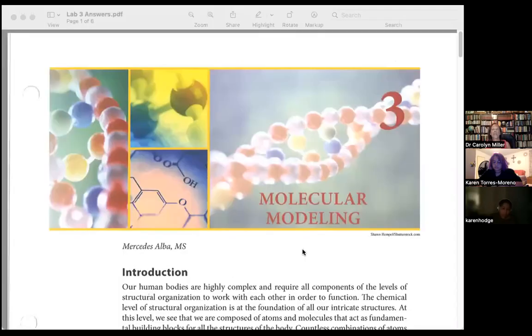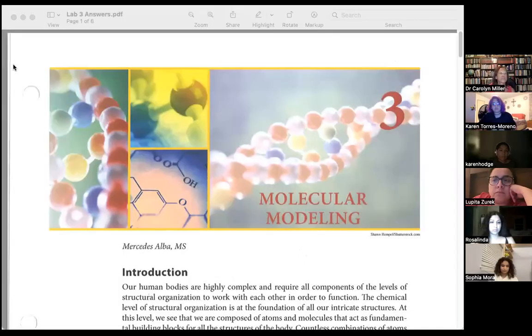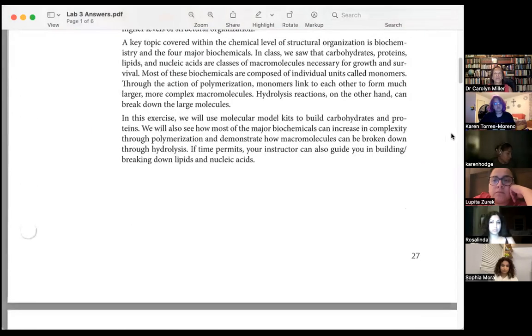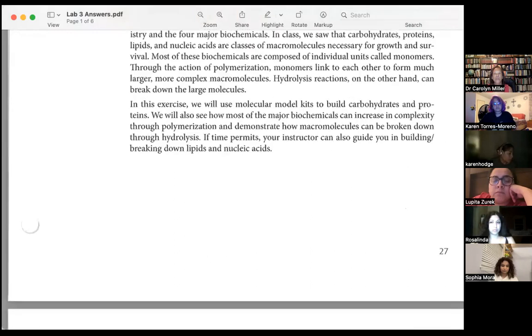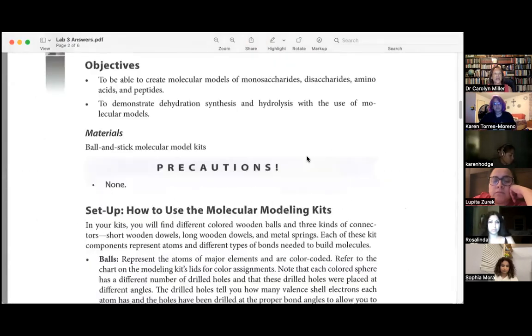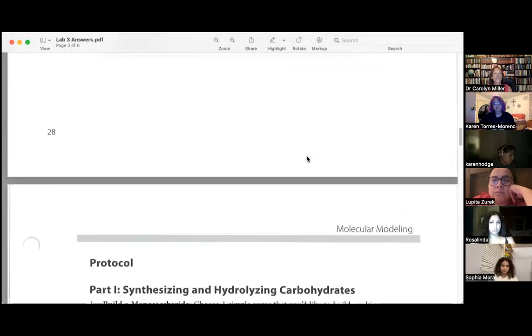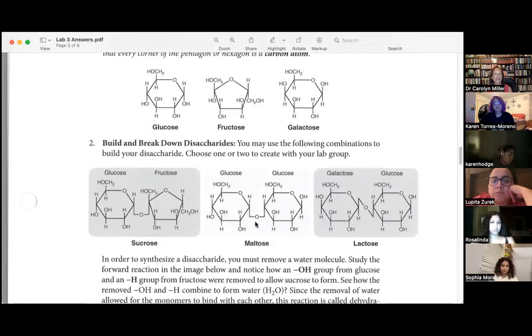Lab exercise 3 was a reinforcement of the chemistry, which was catabolism and anabolism. Catabolism is breakdown, which is hydrolysis. Anabolism is dehydration synthesis.